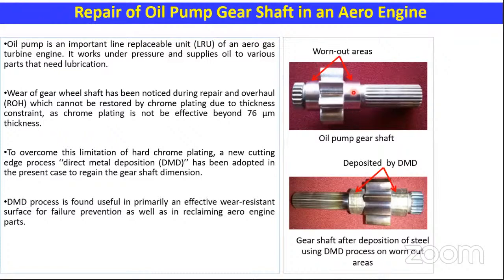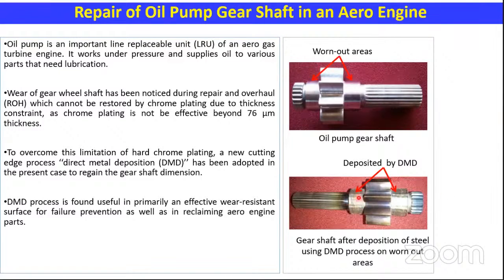So the idea is, can we repair just because this worn out area is gone? If we discard, we may need a new component, which would be expensive, time taking, and so forth. So why not repair only these locations, thereby restoring the dimension and putting it back into service, right? That is the idea.